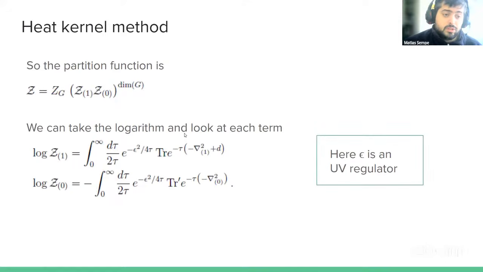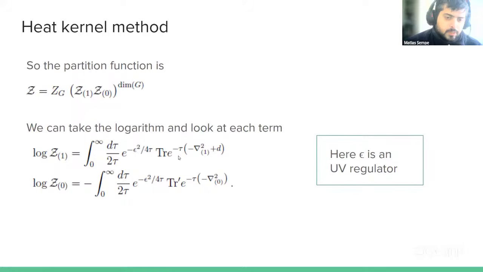So the partition function can be written like this, and we can take the logarithm. And here we are putting a regulator here. That is important. And we are doing the heat kernel trick. Notice that one goes positive, one goes negative, because one is in the denominator.